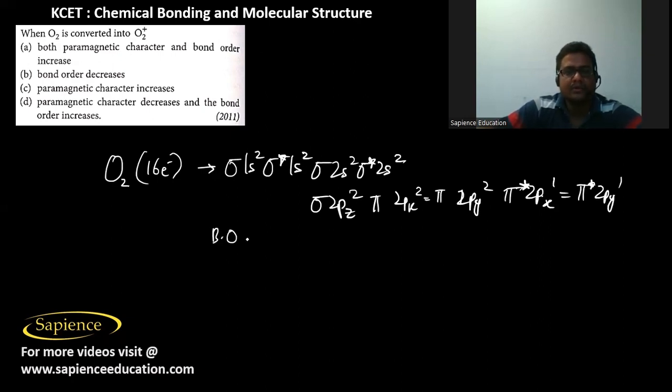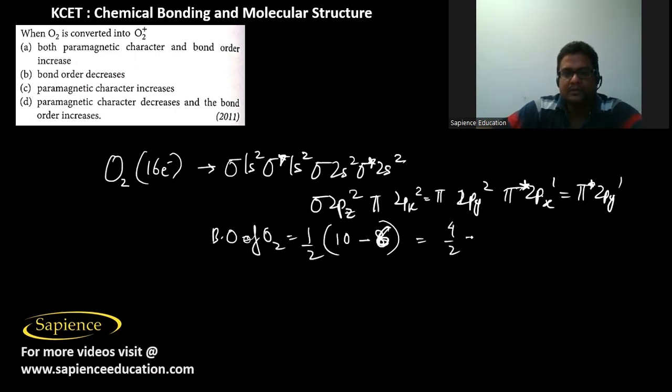The bond order of oxygen will be equal to half of the number of bonding electrons, which will be 2 plus 2 plus 2 plus 2 plus 2, which is 10, minus the number of anti-bonding electrons. Sorry, the number of anti-bonding electrons is 6.